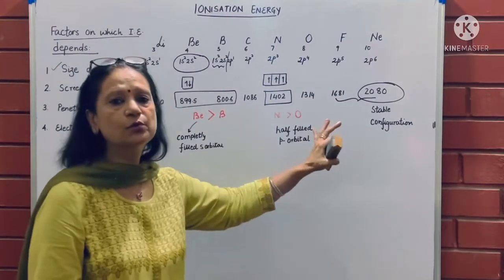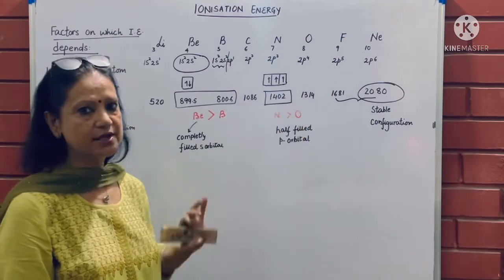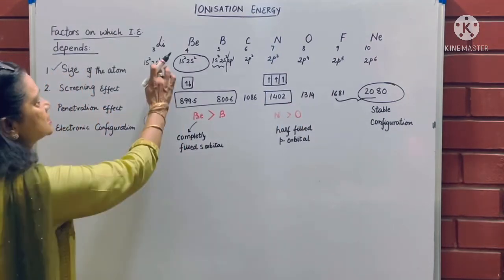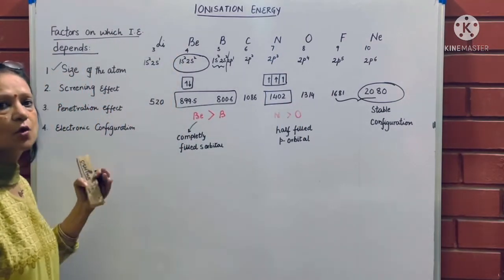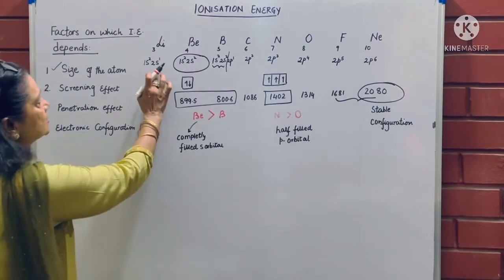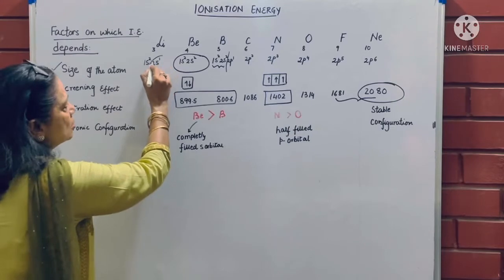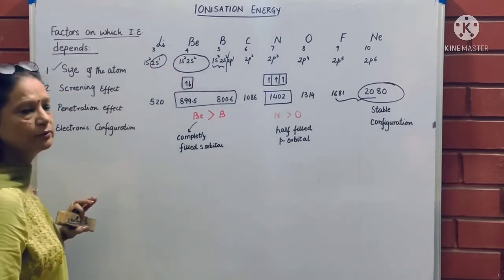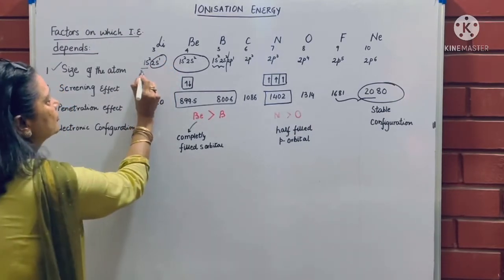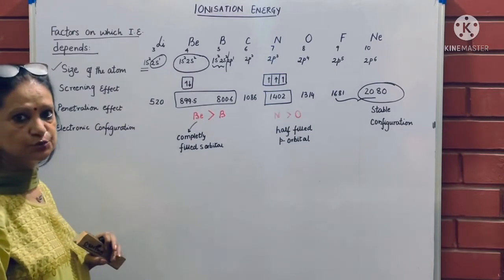Here we are only looking at the first ionization energy, meaning what happens when the first electron is lost. But now look at lithium. The first electron lost will be this one, 2s1, and your electronic configuration will become 1s2.